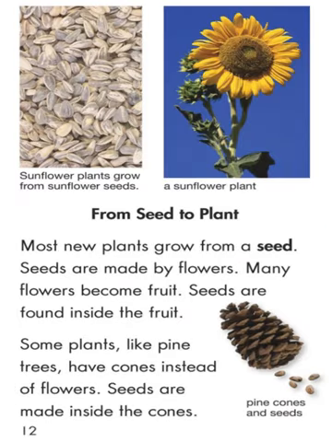Most new plants grow from a seed. Seeds are made by flowers. Many flowers become fruit. Seeds are found inside the fruit. Some plants, like pine trees, have cones instead of flowers. Seeds are made inside the cones.